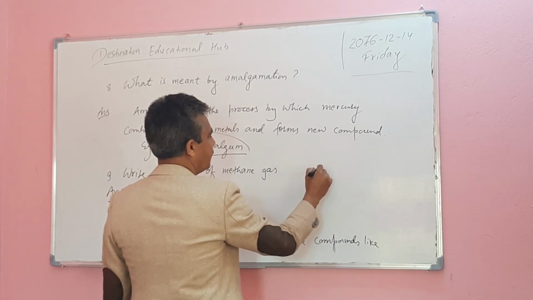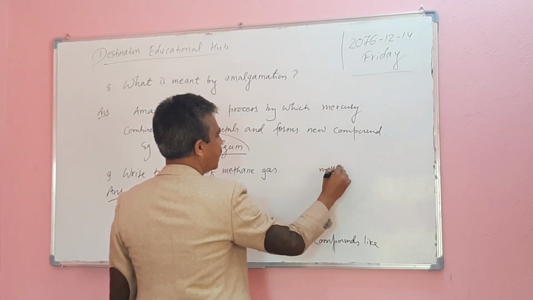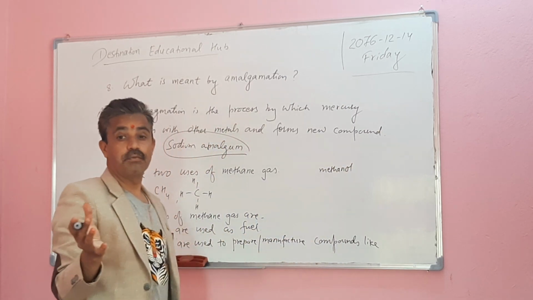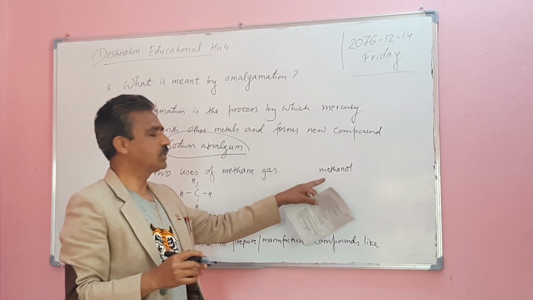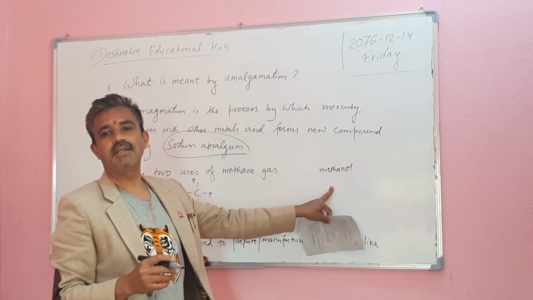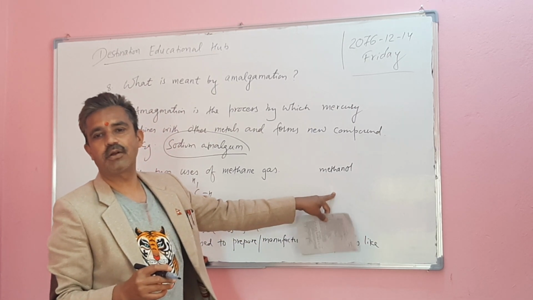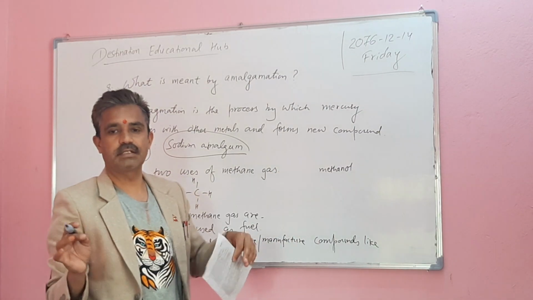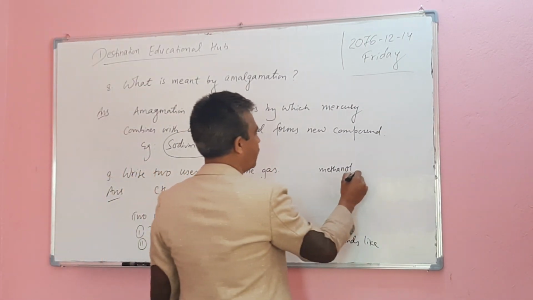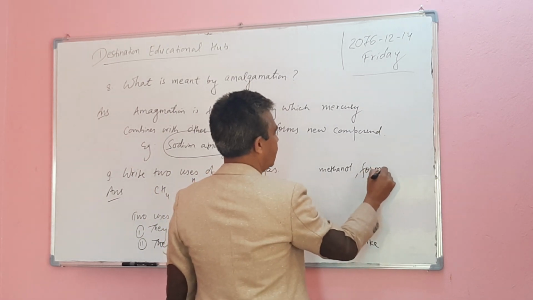Okay, methanol. During lockdown, people are using sanitizers, right? So sanitizers use some sort of methanol. It is spirit or methyl alcohol, right? It can be used, not 100%. Methanol, formaldehyde, etc.